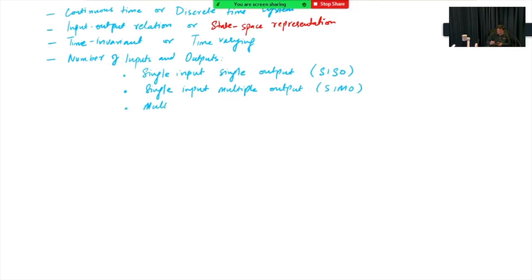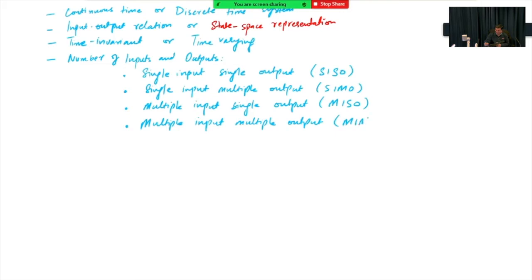Then there can be multiple inputs, single output. That's called a MISO system. And finally, you can have a multiple input and multiple output system, which is commonly referred to as a MIMO system.